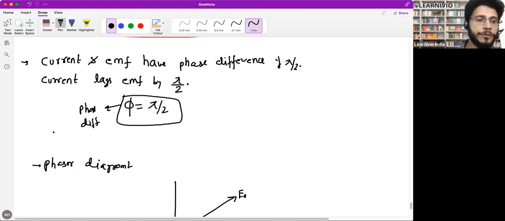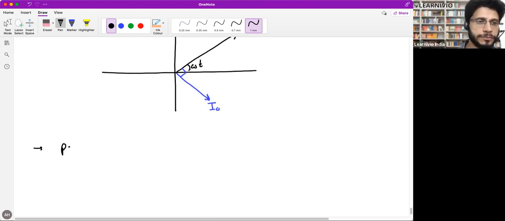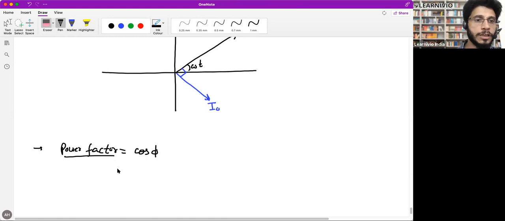After the phasor diagram, I need the power factor. Shahzada, what is the formula for power factor? Cos phi. How much is phi in this circuit for an inductor? Not 0, see.